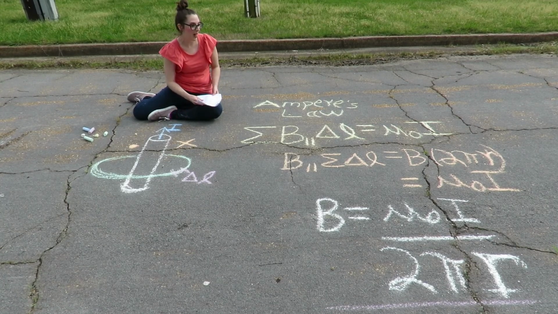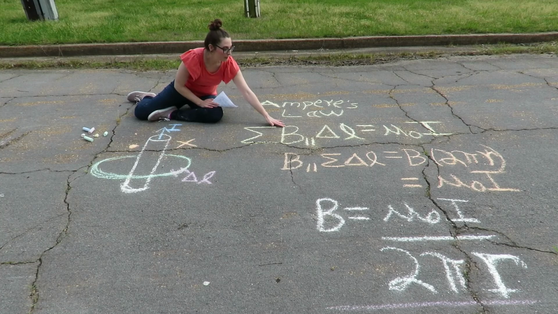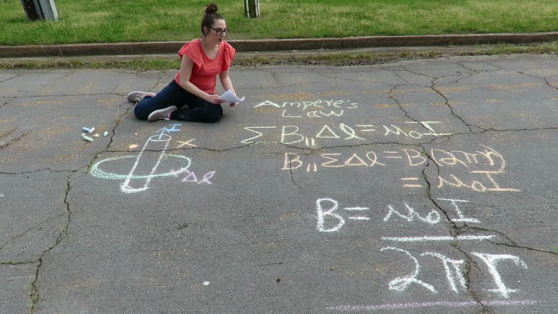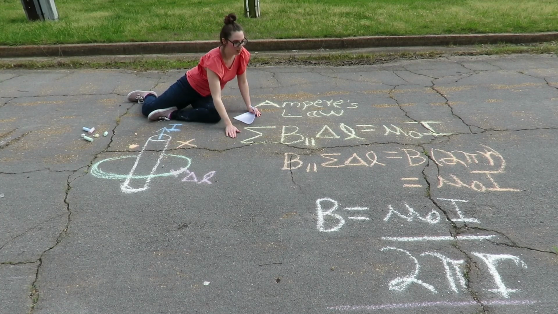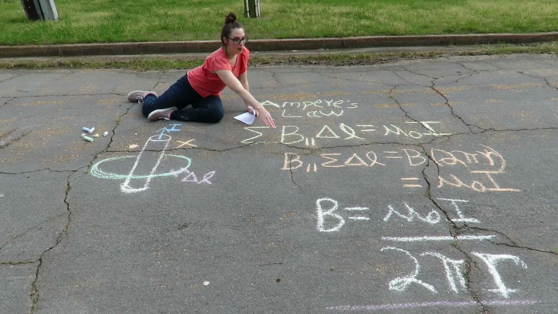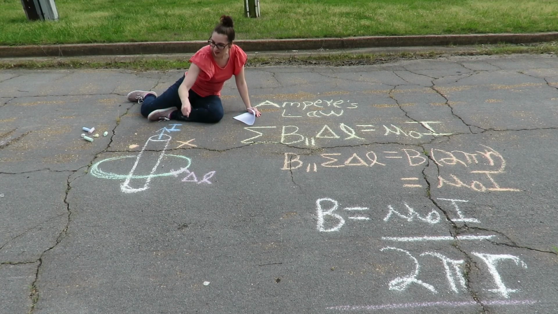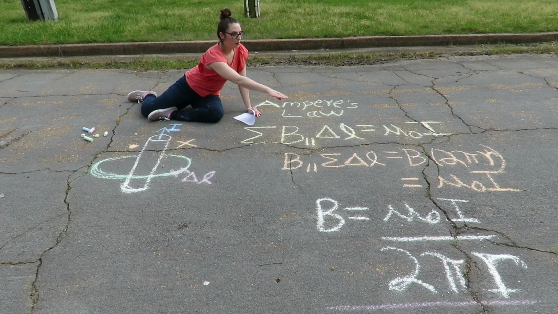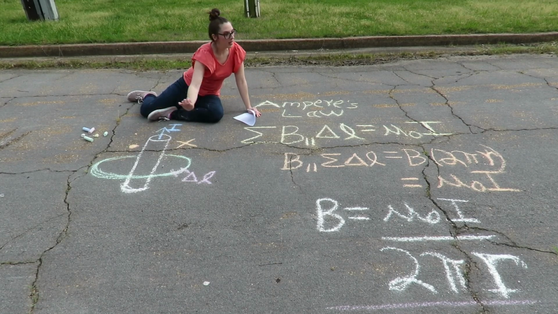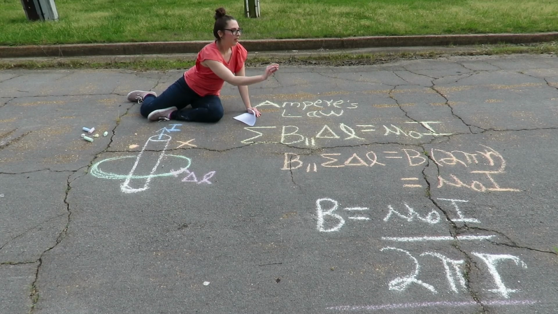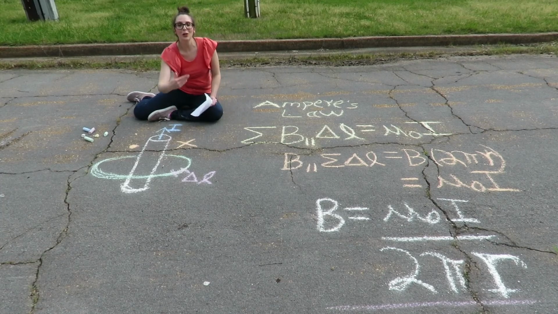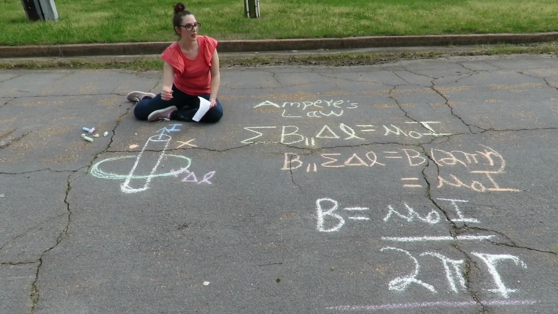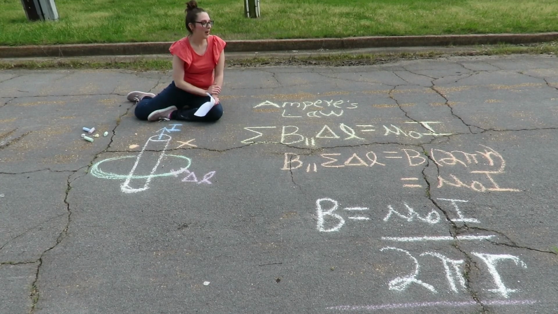Now let's assume that this magnetic field is going to be constant, so we can move it out of this summation. Then we've got the parallel component of the magnetic field times the sum of all those little segments, and the sum of all of those little segments would be just the circumference of the circle I drew here, which is 2 pi r.